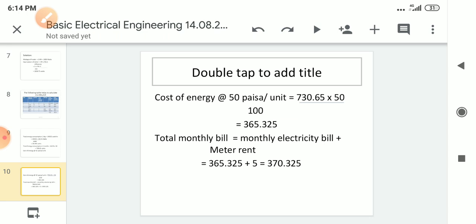After that, the total bill is a combination of the monthly electricity bill plus meter rent. Every month they charge 5 rupees per meter. So 365 plus 5 gives 370 rupees, our complete electricity bill. This is the answer for the question.